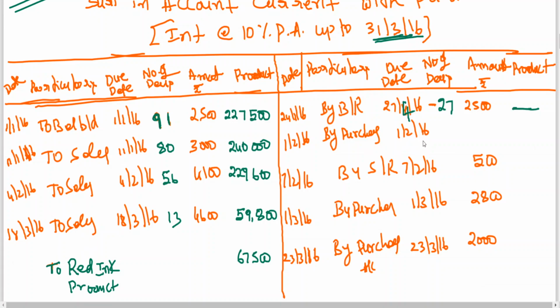Buy purchases, 1st February 2006. Excluding the first, 29 means 28 days, plus March, it is coming to 59 days.